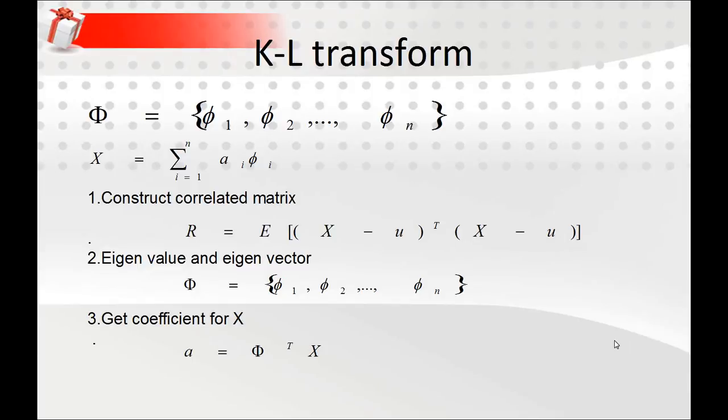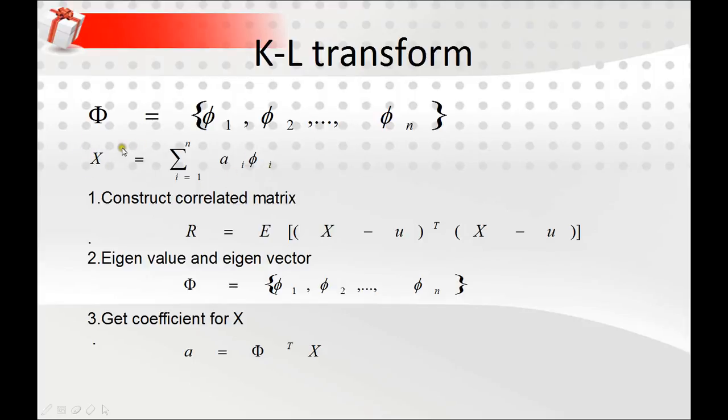Let me introduce the KL transform. The first line is the orthogonal space we need to focus on. We need to find this space, and if we find this space, all our pictures can be represented by it.